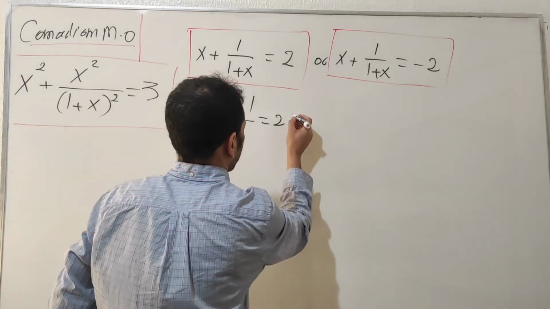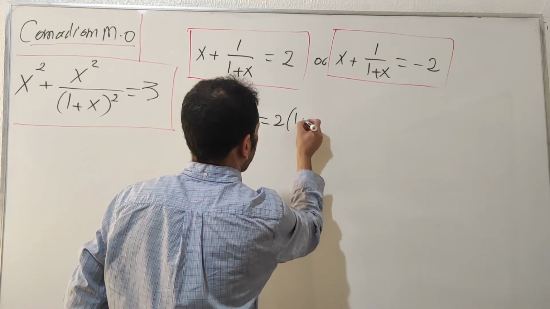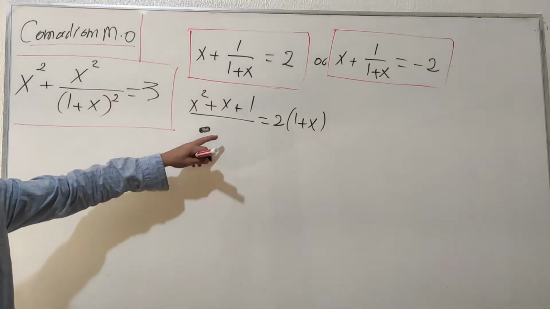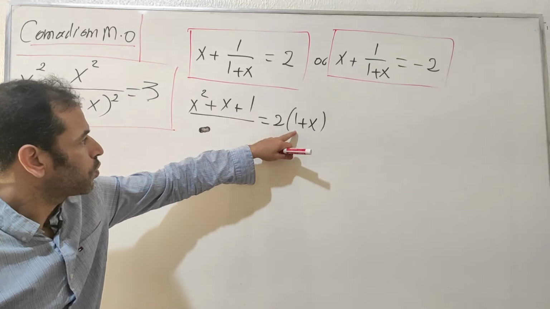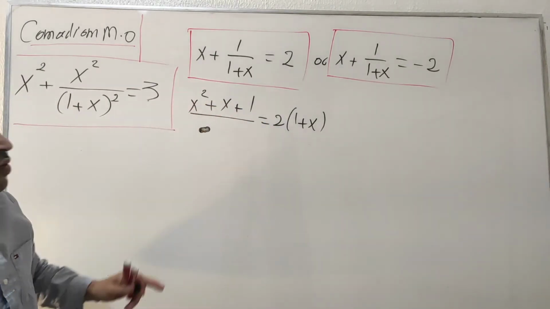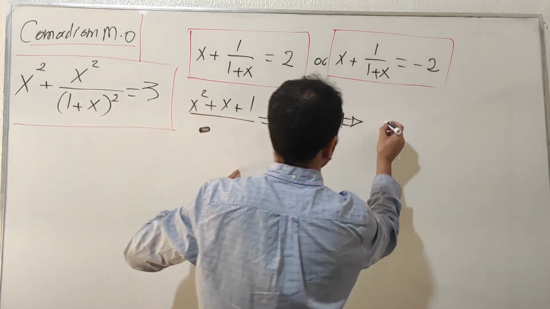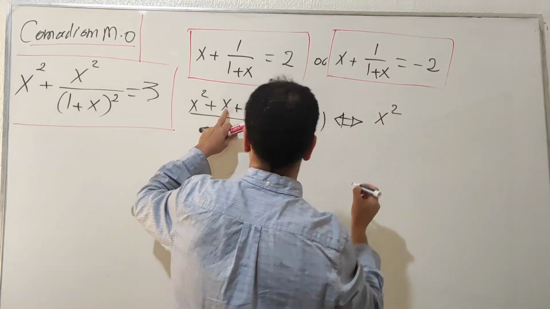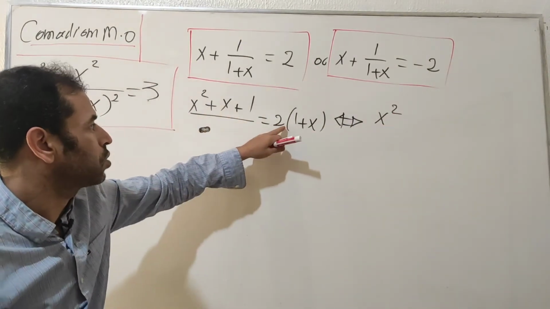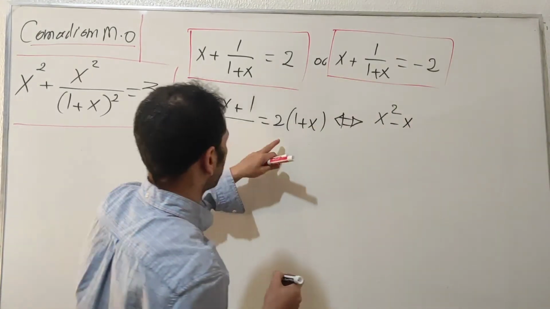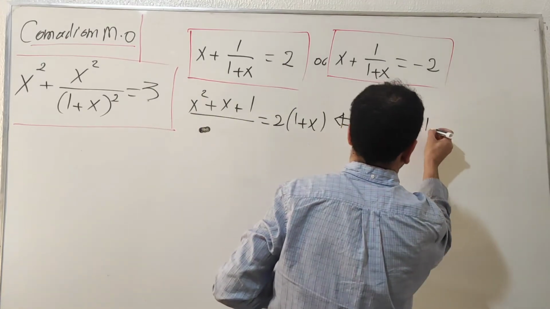I will have 1 plus x like this, taking this 1 plus x like this. I'm simply going to move those terms to the left. I get x squared plus x minus 2x, which is minus x, plus 1 minus 2, which is minus 1, which equals 0.